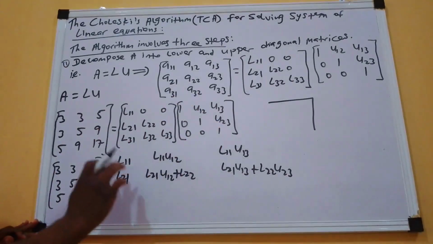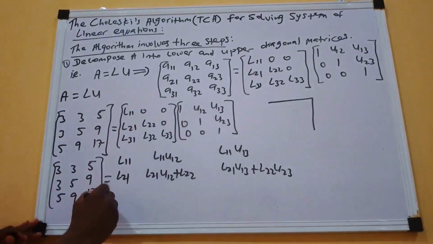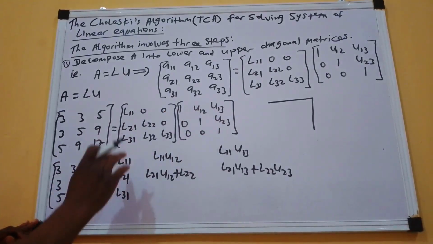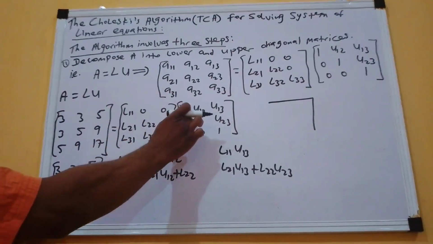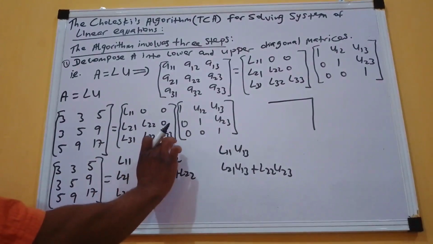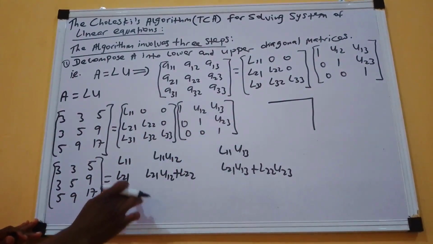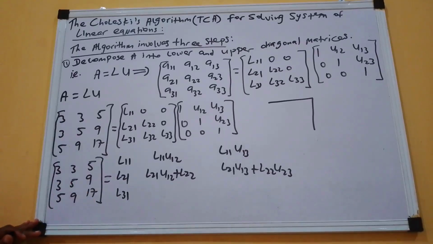Then you come again, you are using this third row. L31 times 1 is L31. L32 times 0 is 0. L33 times 0 is 0. So when you add 0 to L31, you have L31.